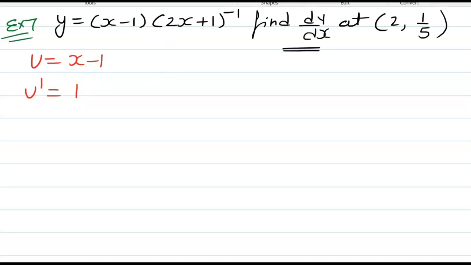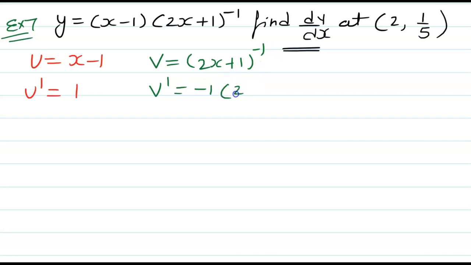Now v will be (2x plus 1) to the power minus 1, and we can apply the chain rule. The chain rule shortcut: it is u to the power minus 1, so minus 1 is coming forward, and u to the power minus 2, that is (2x plus 1) to the power minus 2, and the differentiation of 2x is 2. Okay, so this is what we got.